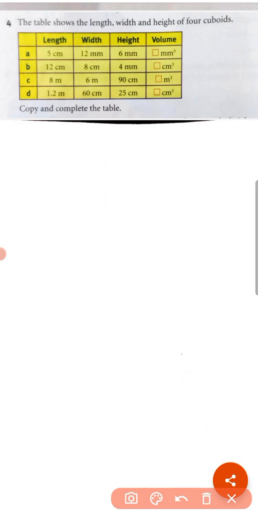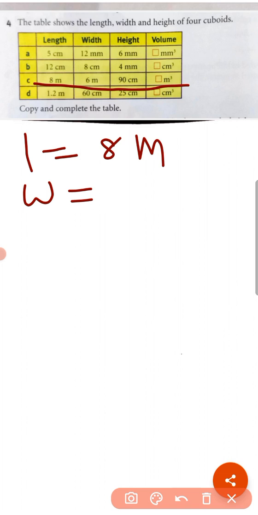In third question, 2 units, that is length and width, are in meter and height is in centimeter. We have to find the volume in meter cube. Length 8 meter, width 6 meter, height 90 centimeter.